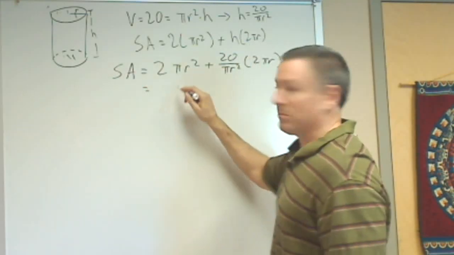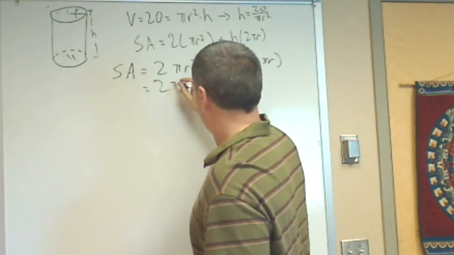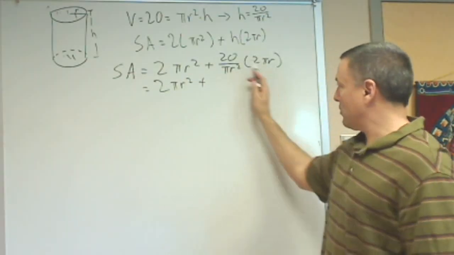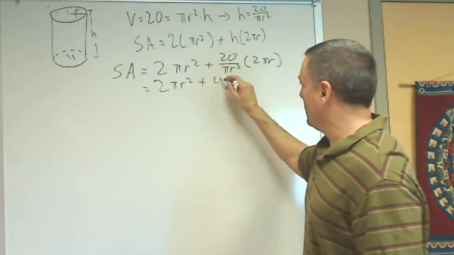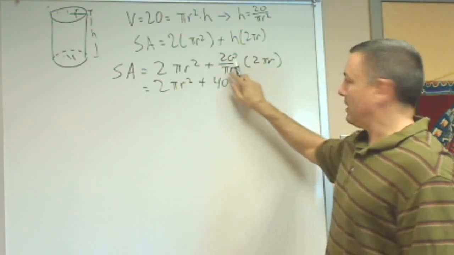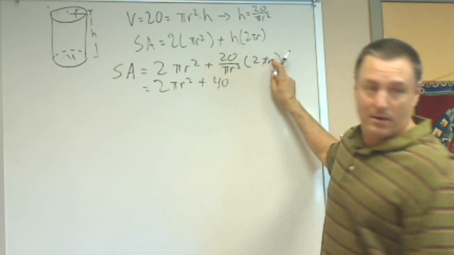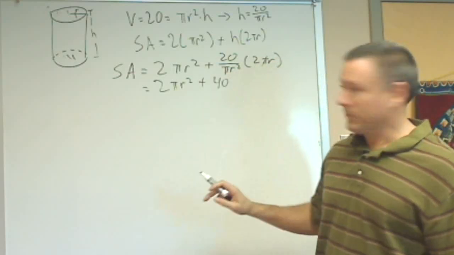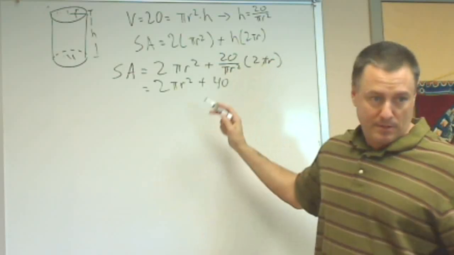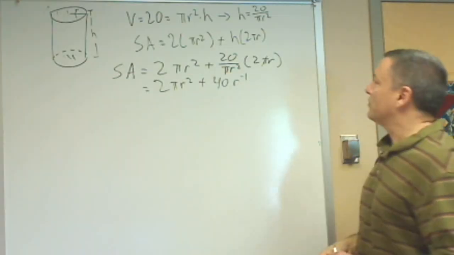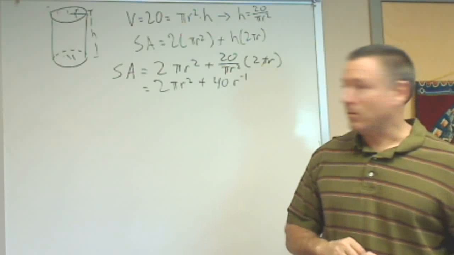So this part doesn't simplify much. But over here we see a few things that we can do. 20 times 2 would be 40. I have a pi on the top and a pi on the bottom. So that will cancel. And I have an r on the top and an r squared on the bottom. So that will leave me r on the bottom, or r to the negative 1, if I were to put it right here. So 40r to the negative 1 in reduced form.